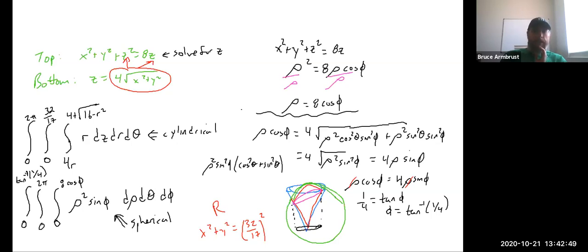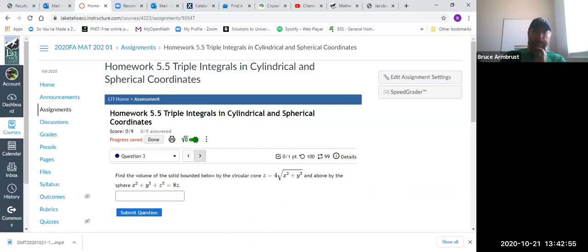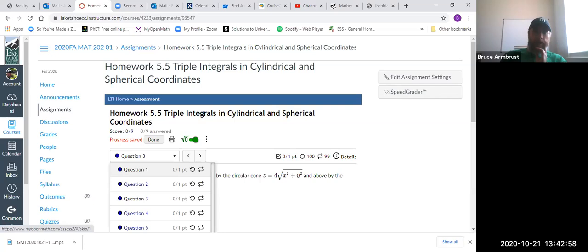Okay, so let's go take a look at number 9. See what that one looks like, since that was also a popular one. There were multiple of you who said you wanted to see number 9.